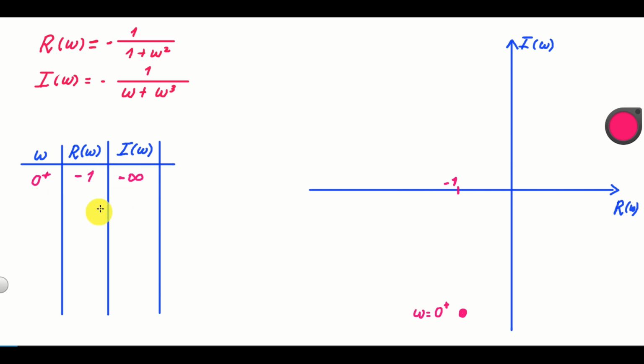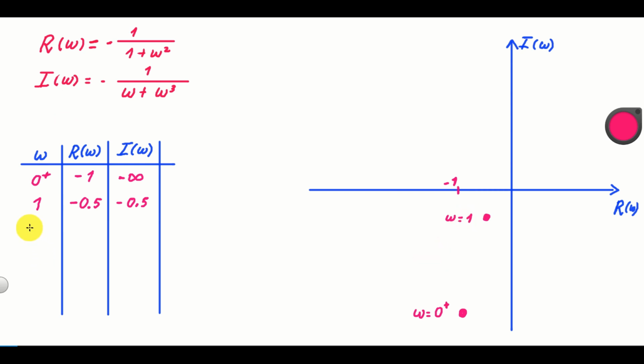Next, let's select any other value of omega, for example 1. When omega is equal to 1, from this expression we can see that the real part is minus 0.5, and the imaginary part is also minus 0.5. Consequently, over here, we have this point here. And this point is obtained for omega equal to 1.